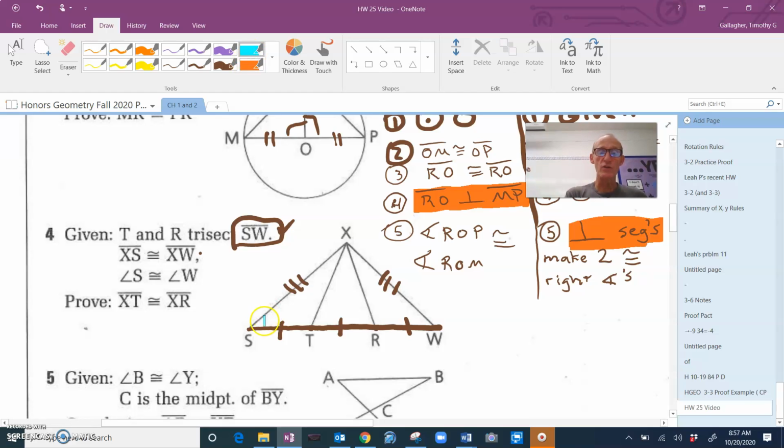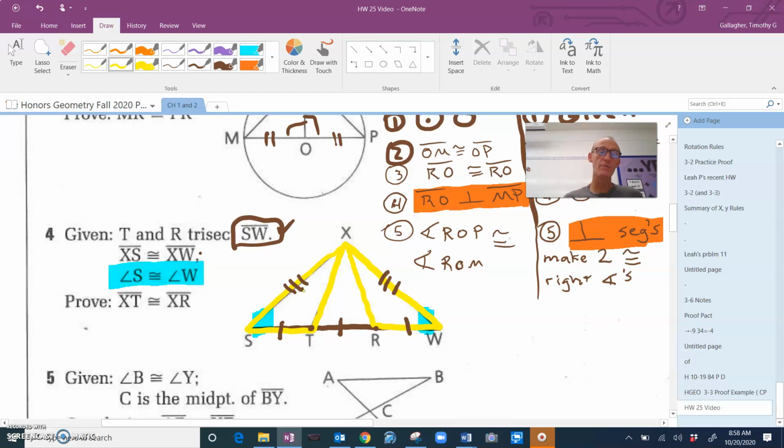So we also have angle S congruent to angle W. And that gives us this triangle congruent to this triangle by side, angle, side.